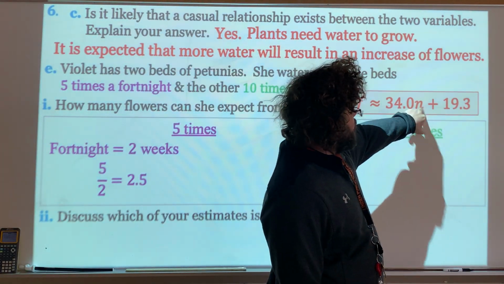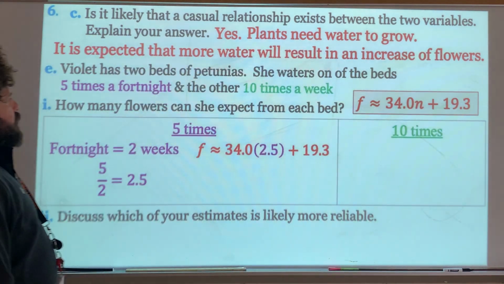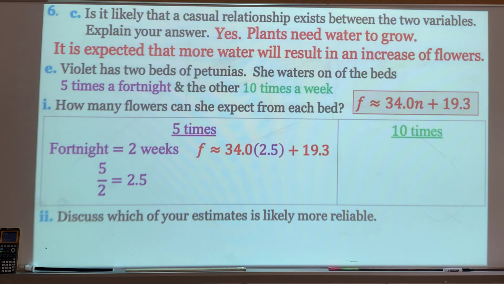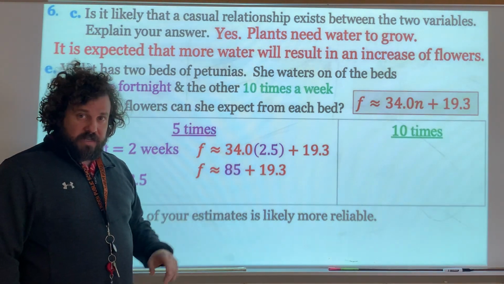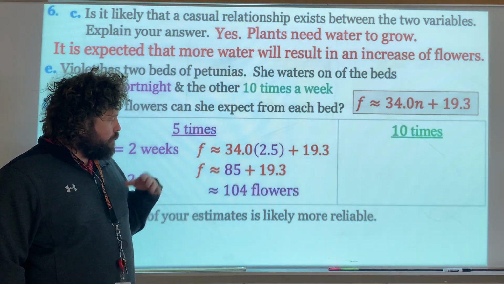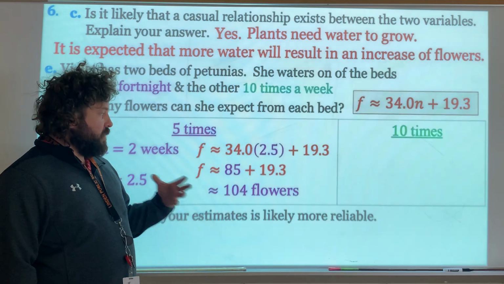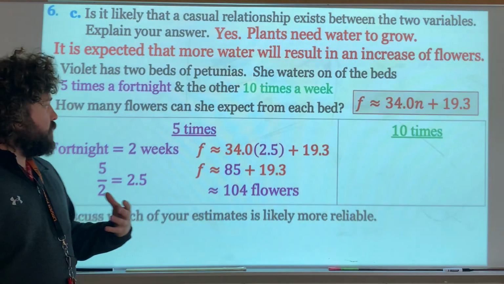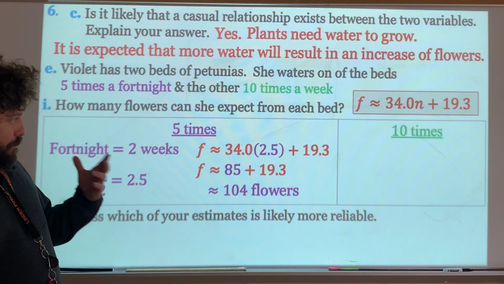Not much. Look at it. 34 times 2.5 plus 19.3. 85 plus 19.3, and it's about 104 flowers. 104.3. 104 flowers will be in that bed.